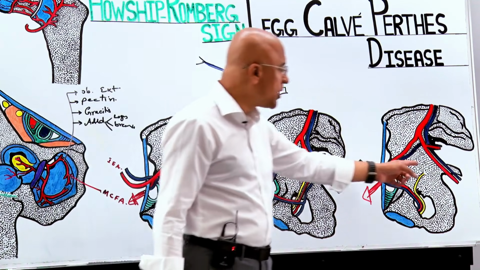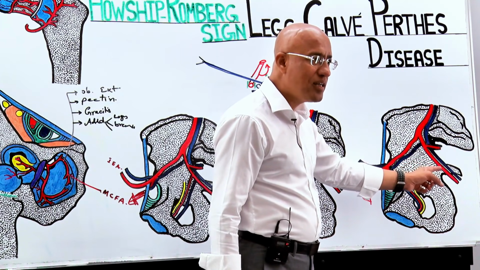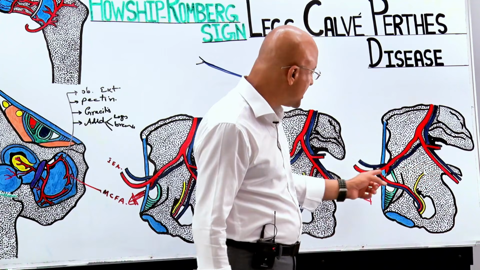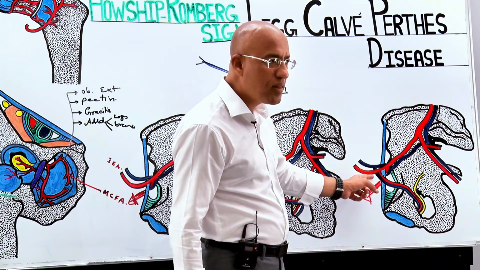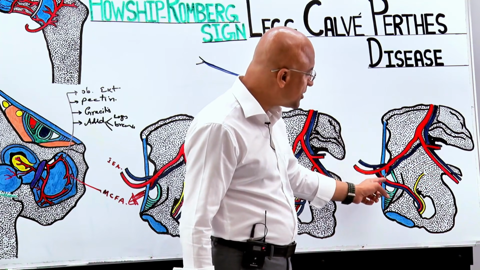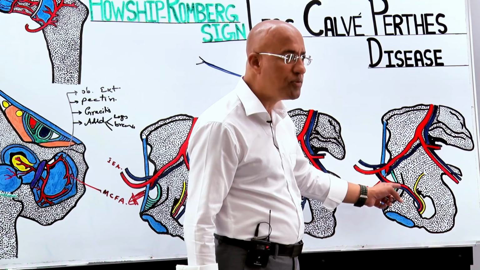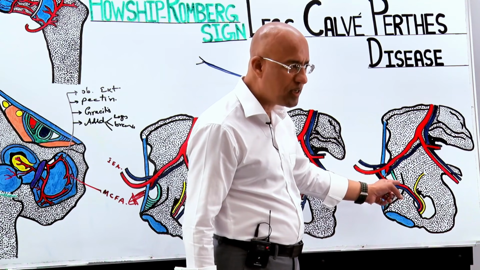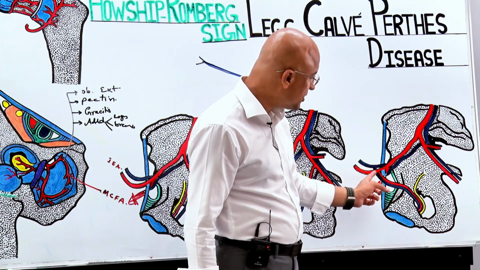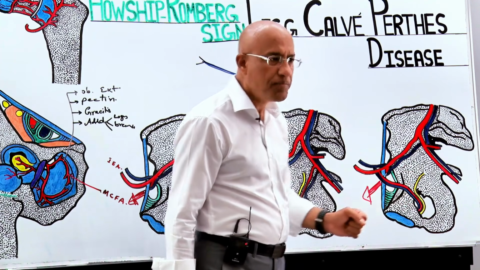Or the normal origin is totally absent, and the only single obturator artery takes origin from the inferior epigastric artery, and it goes through that anastomotic area and makes it a very high pressure area, right? And this artery will be called the aberrant obturator artery.